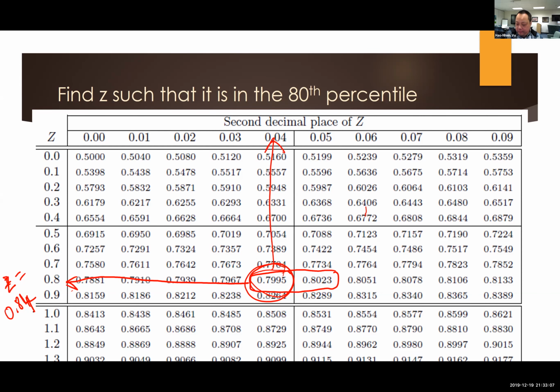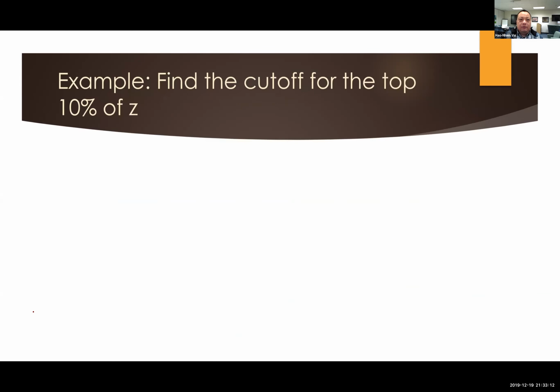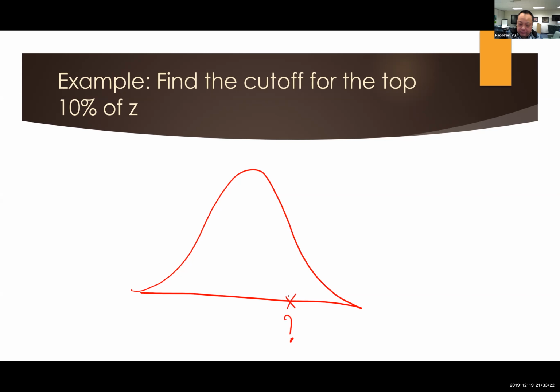Okay. Next example. Find the cutoff for the top 10% of z. Again, we draw a diagram. There's a z that we don't know, and this area is 10%. Okay, so question mark on the axis. Okay, given area.